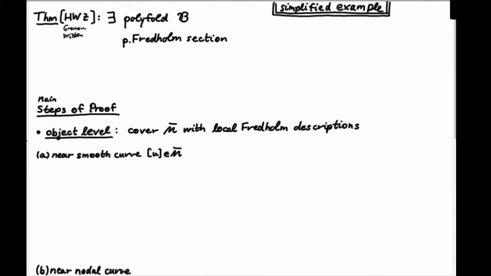That theorem should now say that there is a polyfold Fredholm section that cuts out the Gromov-Witten moduli spaces.